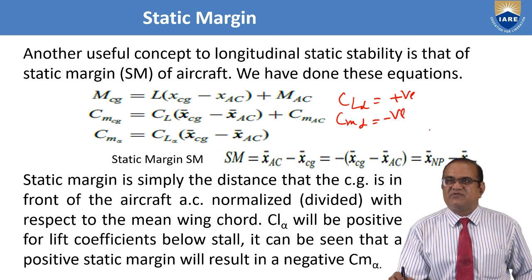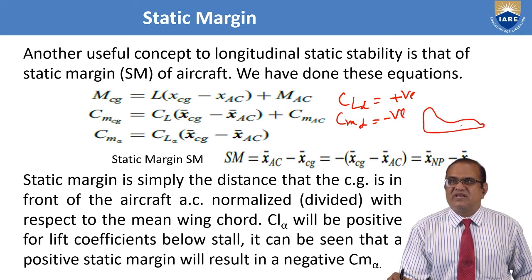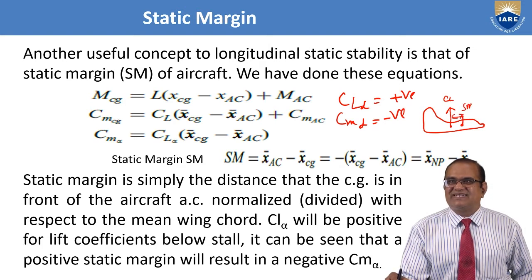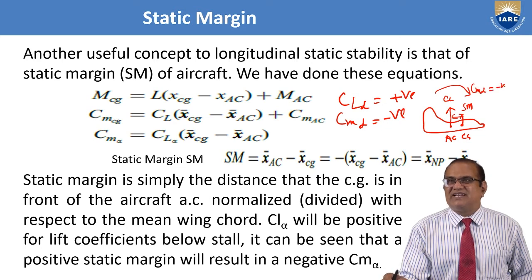If this is the aircraft, and from here to here is your static margin, so if this NP or AC is behind the CG, this will be Cm alpha, and this is nose down, which is called negative.